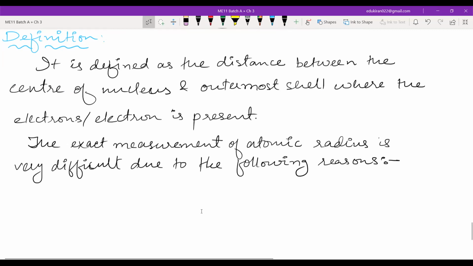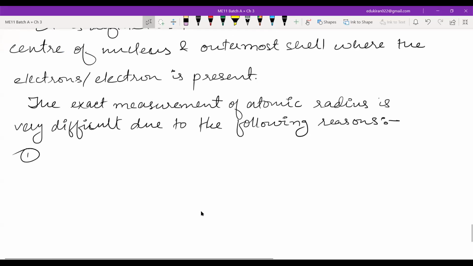The first reason is, see, the atom that we have does not have a defined boundary. Why? Because the outermost shell is where the electrons are. Now those electrons have wave-like nature. Those electrons are electron clouds. So an exact boundary, like this is the last electron that we have present, this is the atomic radius, this is the boundary, is not possible. We have an electron cloud. The electron cloud is something mushy, something fuzzy.